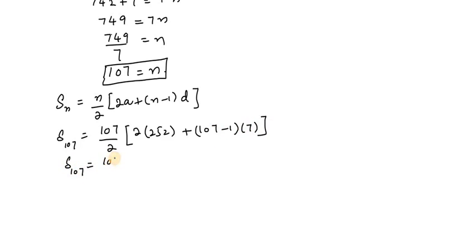S107 is equal to 107 upon 2, and the 252 twos are 504, plus 106 into 7.